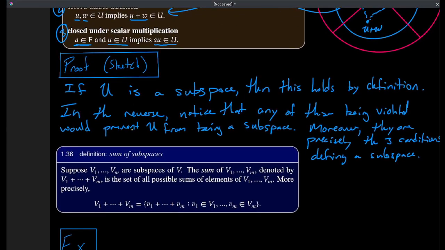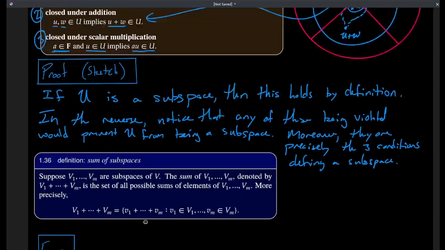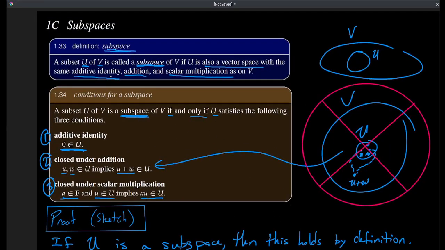All right, cool. So we're making sure that, hey, if it's a vector space with these things, then all of that holds. And if these things hold, then it has the same additive identity, the same addition, the same scalar multiplication, and satisfies all the conditions of being a vector space.